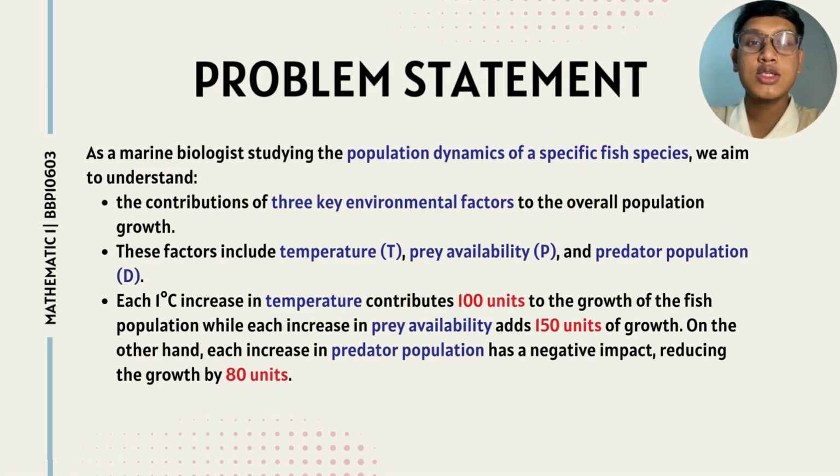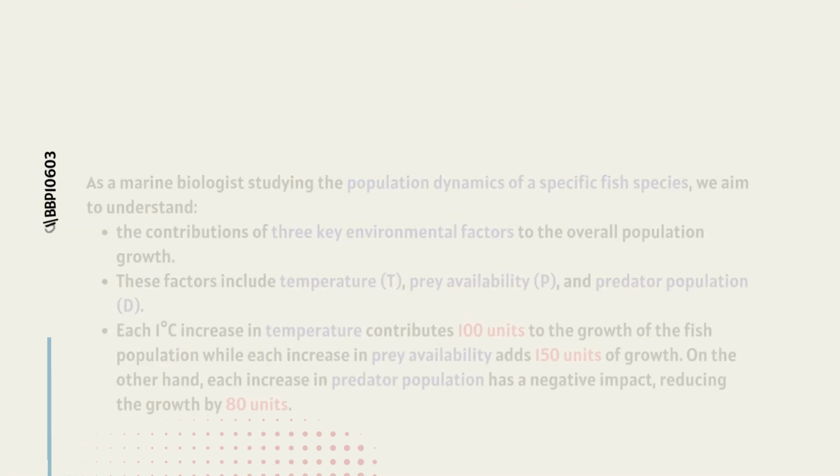Third, each 1 Celsius increase in temperature contributes 100 to the growth of the fish population, while each increase in prey availability adds 150 units of growth. On the other hand, each increase in predator population has a negative impact, reducing the growth by 80 units.